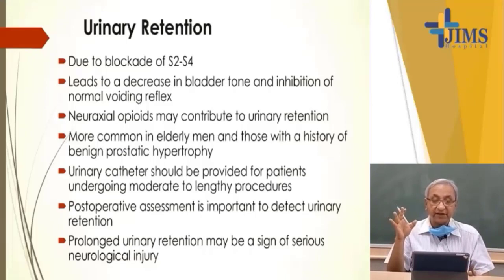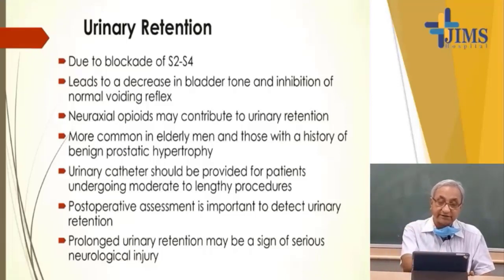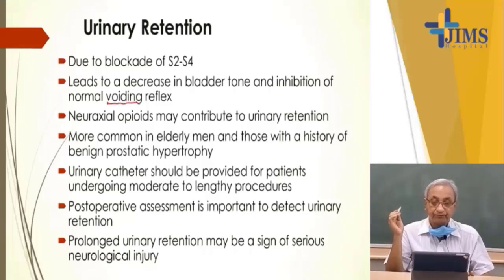In cases where there is a blockade of S2 to S4, that is sacral 2 to 4, the parasympathetic ganglia are blocked. This leads to decreased bladder tone and inhibition of normal voiding reflex. Also, we use opioids as adjuvants during our spinal or epidural anesthesia. These also contribute to the urinary retention.